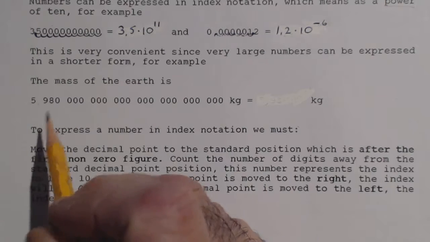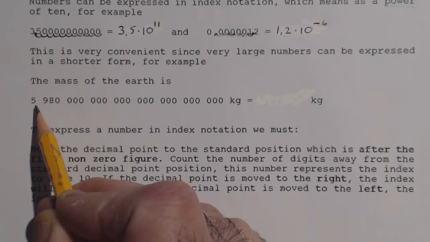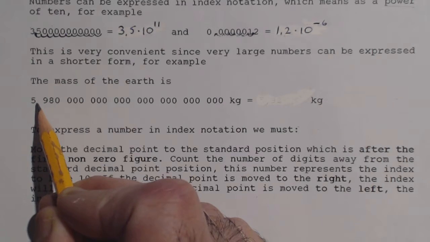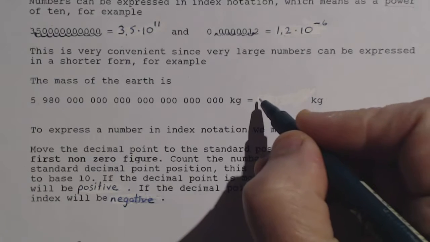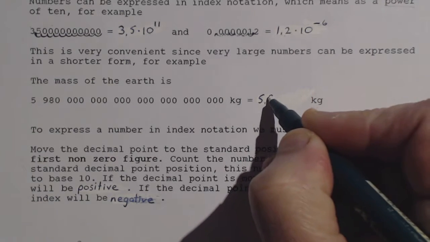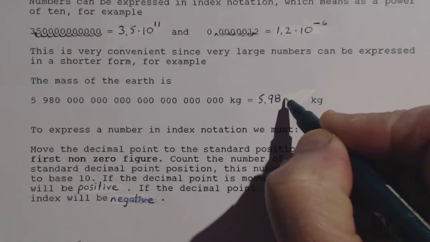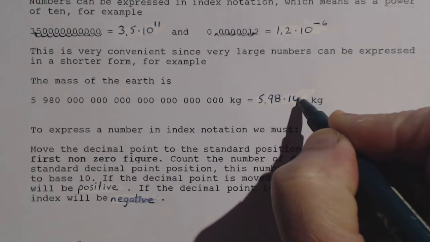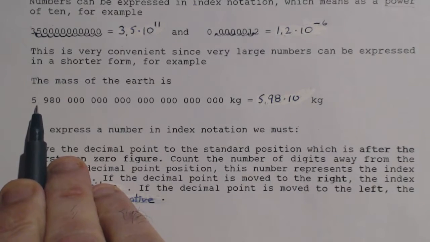Now here the first non-zero digit is 5. So the decimal point comes after the 5 and we write 5.98 times 10. Now let's count the number of digits that are after the decimal point.